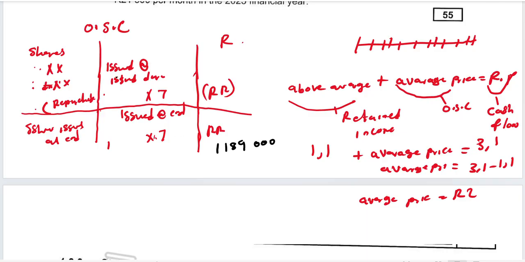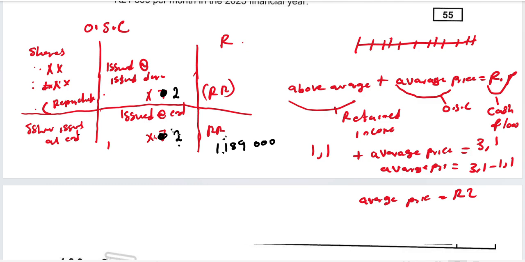And then we know that since our average price is 2 rand, this was an example, our average price is 2 rand, that our issued price at the end will be 2 rand. So we are able to get these shares here. I'm gonna say this amount divided by 2. Because when we want the amount here, we say shares multiplied by 2 and get this.